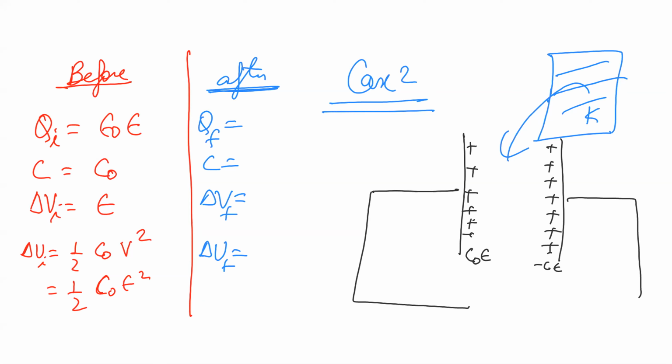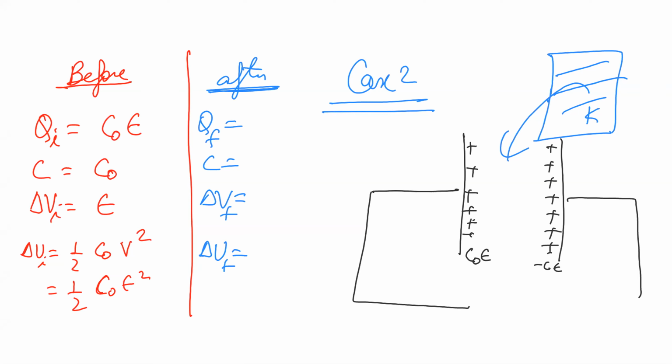The answer is, since the battery is disconnected and the battery was the only source of charge, no charge can flow to the battery, no charge can come from the battery. So charge cannot change. So how much will this value be? Well, basically C naught into E.